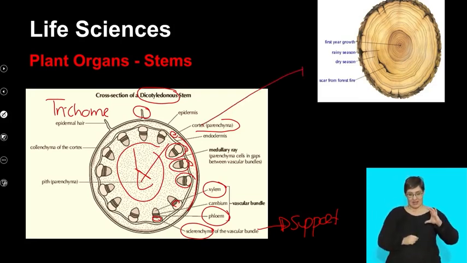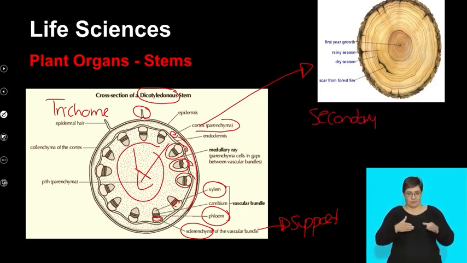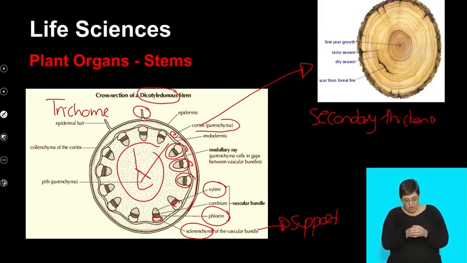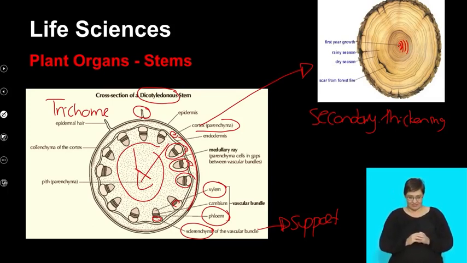And that leads us, guys, to this. Dicot stems can grow wider. It's called secondary thickening. And when we cut down a tree, each of these rings is 1 year's growth. So when we count the rings, we can see how old the tree is.